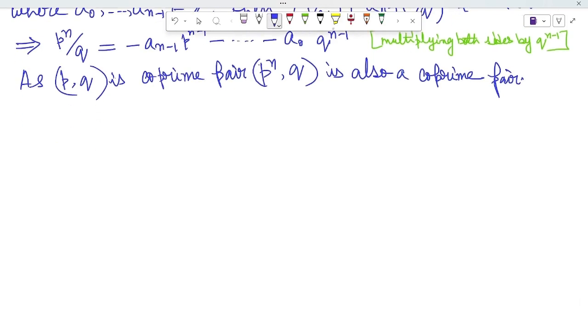My target is to show q is 1. So how am I writing this? Because co-prime means there exist u and v belonging to Z such that pu plus qv equal to 1.